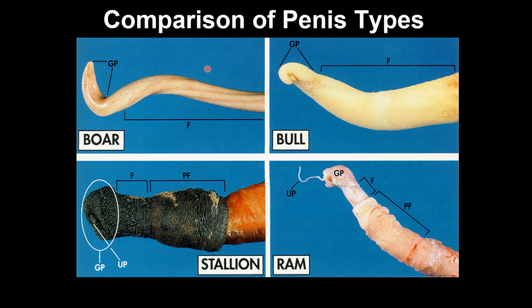For the boar, we have here the presence of the corkscrew-shaped glans. For the ram, we have here the presence of the urethral process or the filiform appendage. And for the stallion, we have here the presence of the dark tissue sheath enclosing the free end of the penis.